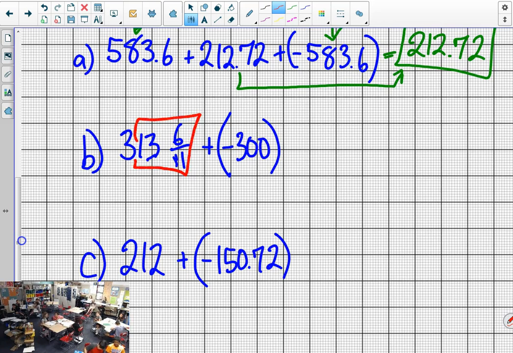If I want to look at this alone, I know what you guys are saying. I'm gonna reinterpret this. I know this is 300 plus 13 and 6/11ths. I can break that up in my head. I can also write it out if I really want to. Then these are equally matched, and we end up with 13 and 6/11ths, which would be an awkward fraction.